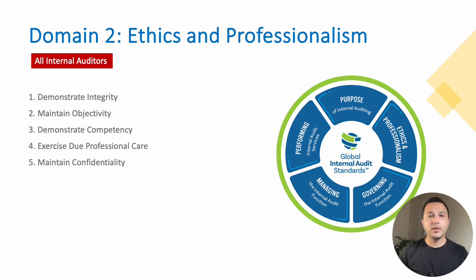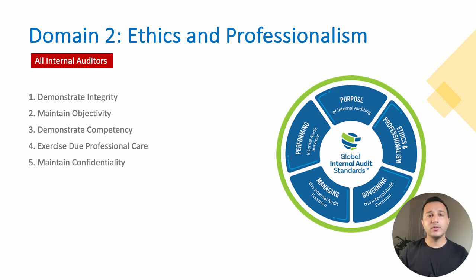The second domain is about ethics and professionalism. It has the same key elements that were in the previous one, but previously the code of ethics was separate from the standards, and now it is integrated within the standards.